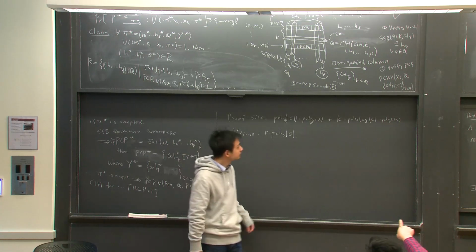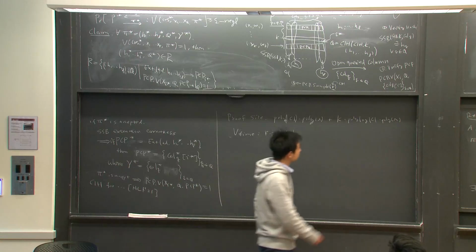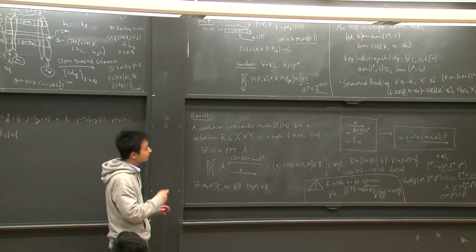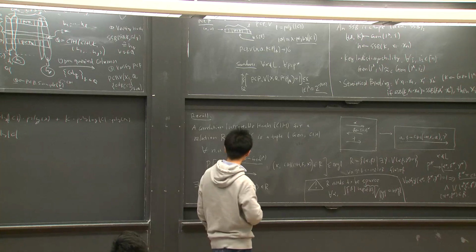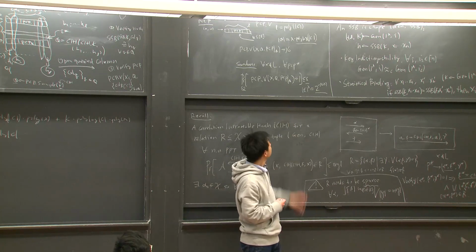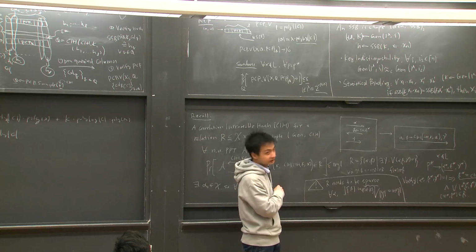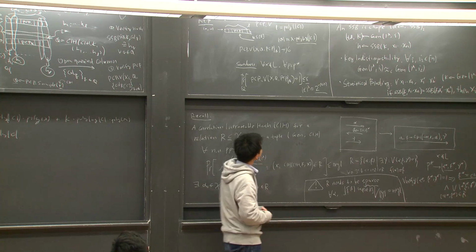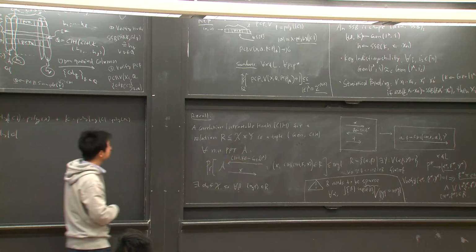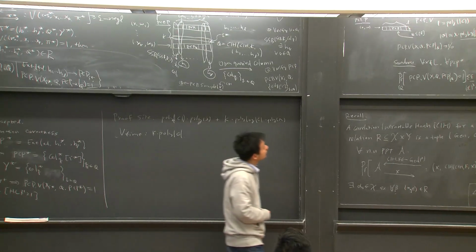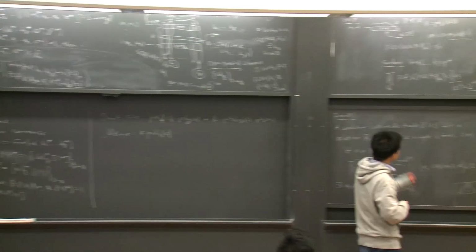Why is there a poly lambda at the end? That's because each query size is lambda times polylog C. They're not just querying single bits; they're querying blocks of bits.